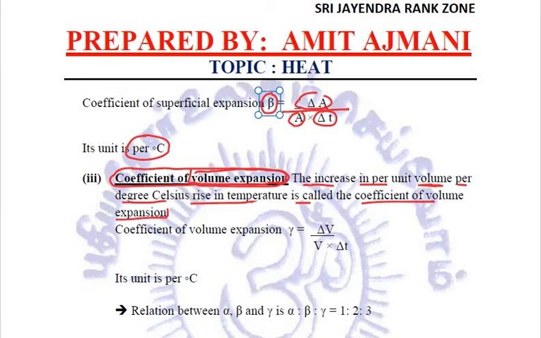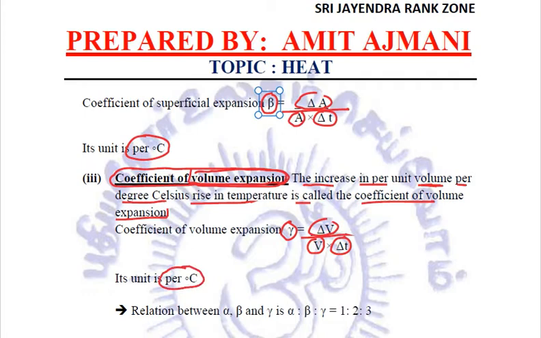This coefficient, represented by gamma, is change in the volume divided by the original volume multiplied by change in temperature, right? And its unit is again per degree Celsius.